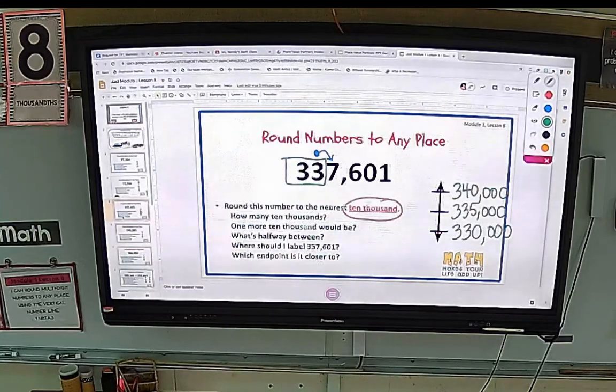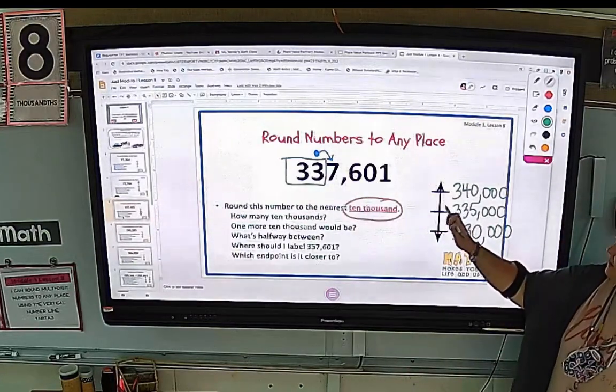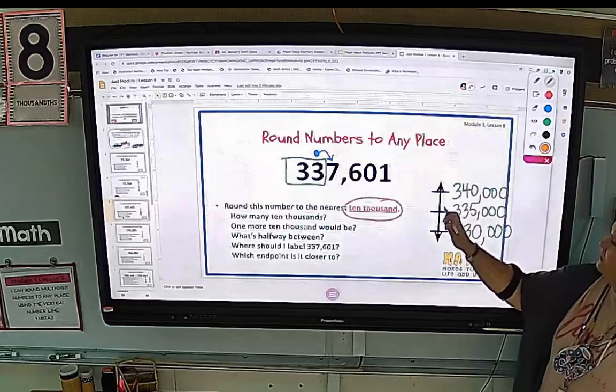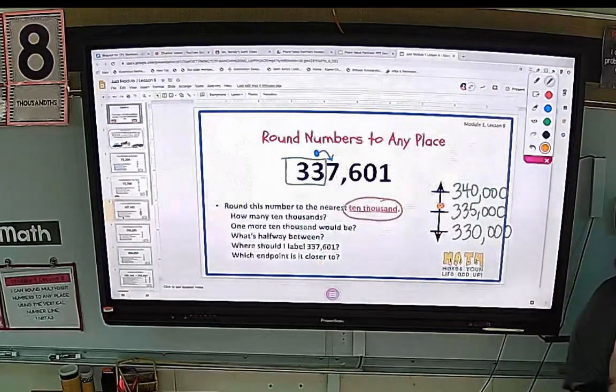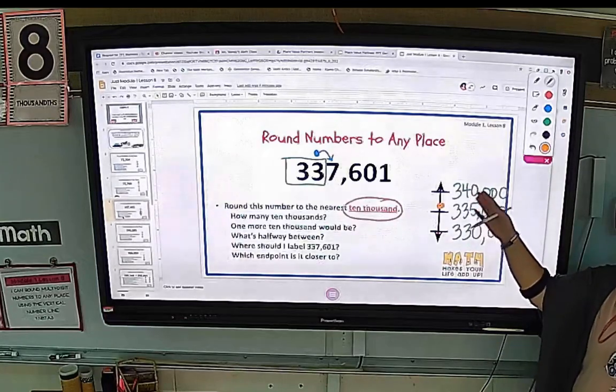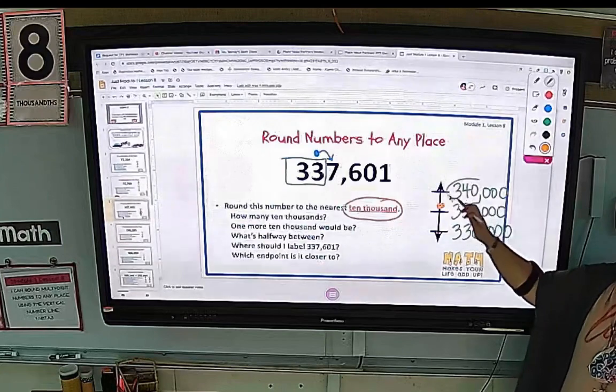Kennedy, would it go in the bottom half or the top half? The top half. Good. 337 is bigger than 335. It would land right about there. So our number is closer to 340,000 or 330,000? Everybody, 340,000. For sure.